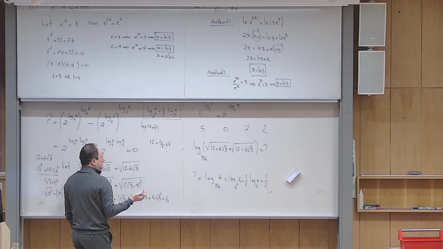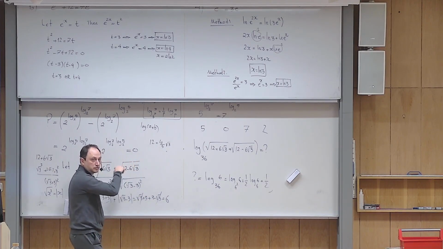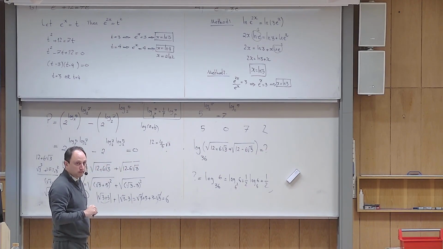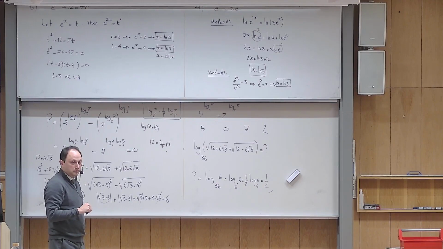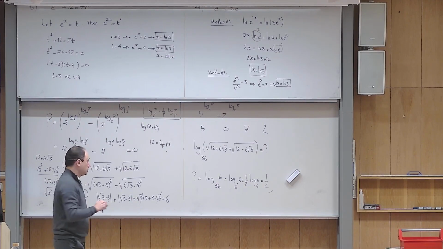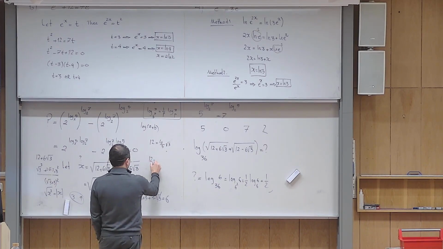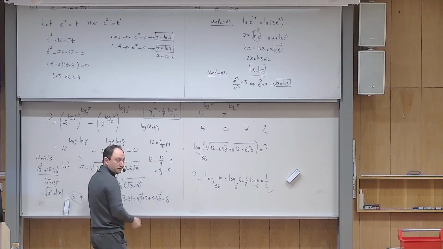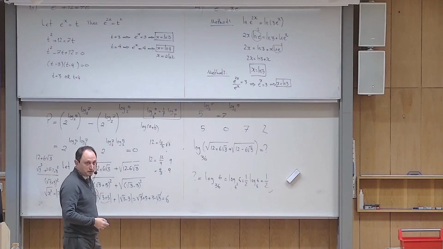I mean, 12 is not equal to this. Because 12 is equal to 12 divided by 9 times 9. And 12 divided by 9, when you divide that by 4, becomes 4 over 3. But times 9, not times the square root of 3.